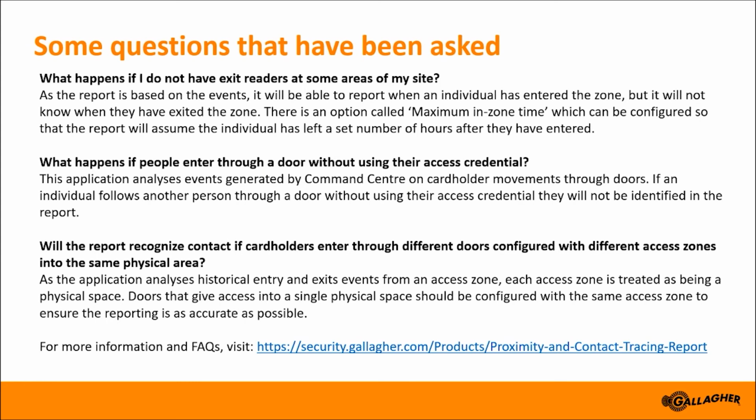So basically, as Wayne said, it works best if you've got exit readers, but it's based on events, and it will be able to report when an individual has entered the zone, but it will not know when they've exited the zone.